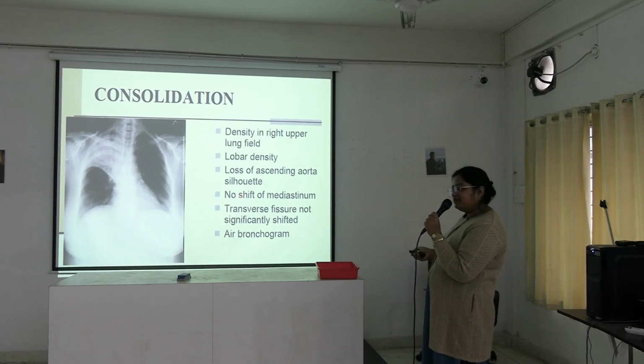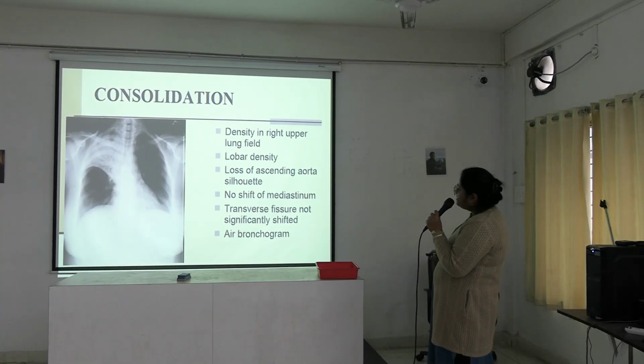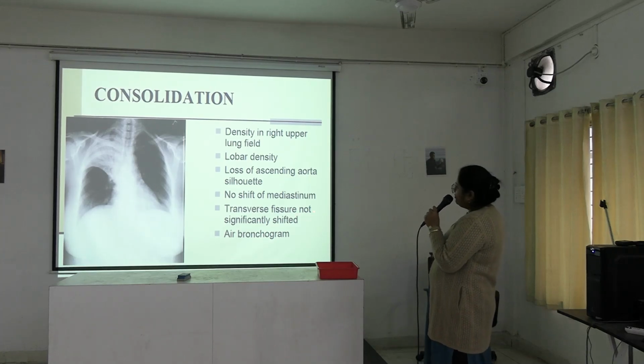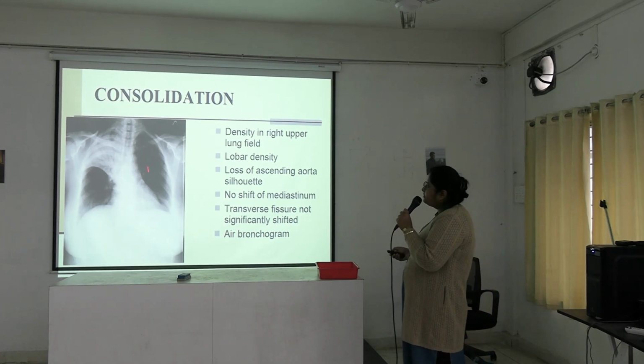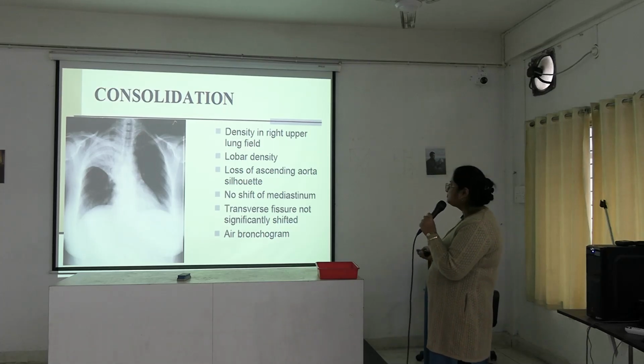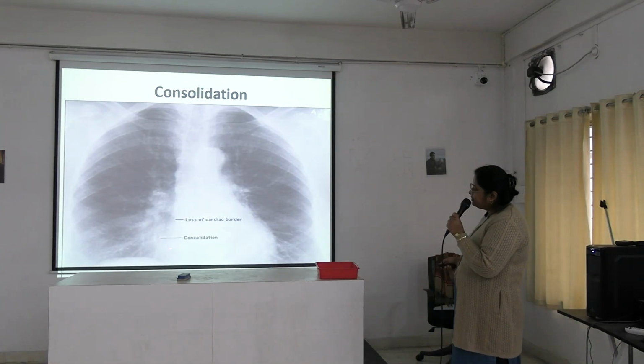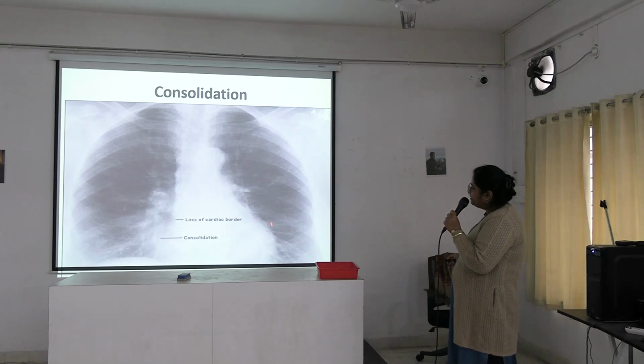No shifting of the mediastinum has been seen. The tracheal shadow is in midline, and the transverse fissure is not significantly shifted. Air bronchograms are lesser. So see here, consolidation has been occurring near the hilum. Okay.